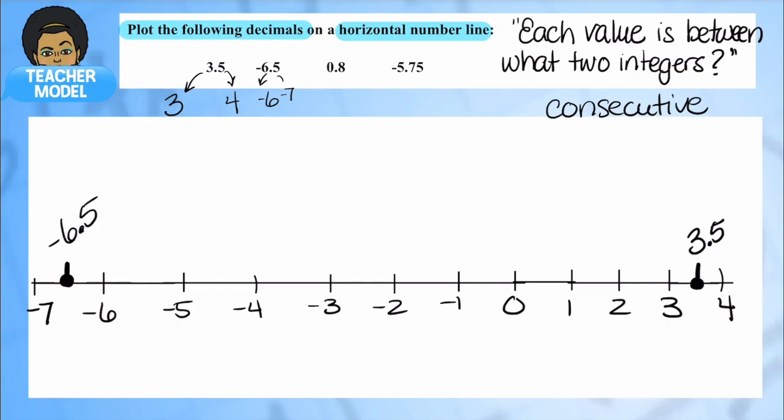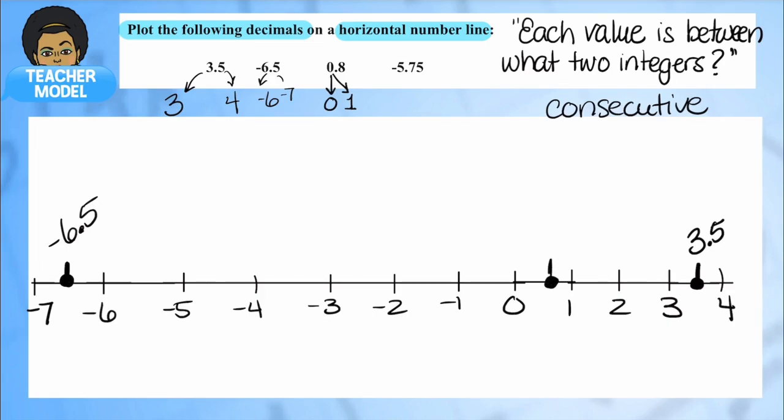Let's try with the next one, 8/10. And it is between two numbers also. It will be between 0, and in this case, I know it's either going to be between 0 and 1 or 0 and -1. Because it's positive, it's a little bit easier. It's going to be between 0 and +1.